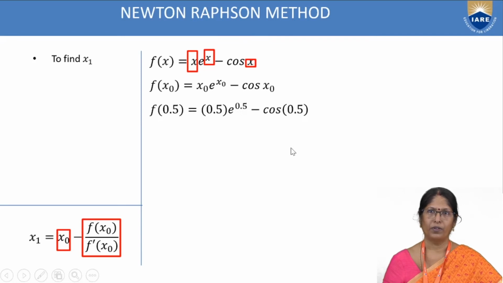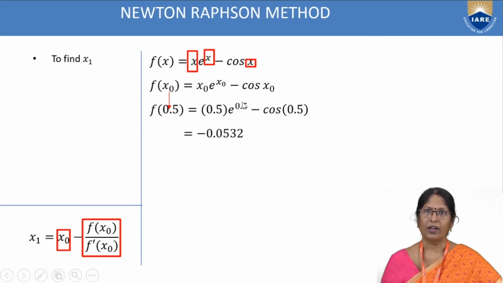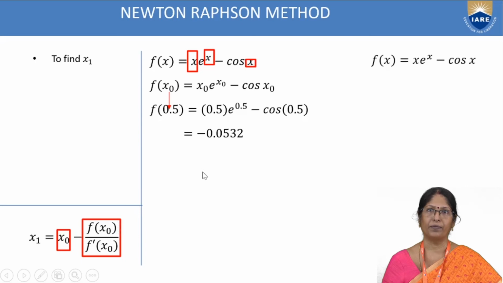Now x naught is taking the value 0.5. So we calculated the value, we got minus 0.0532. So f of x naught, that is f of 0.5 value, we got it.